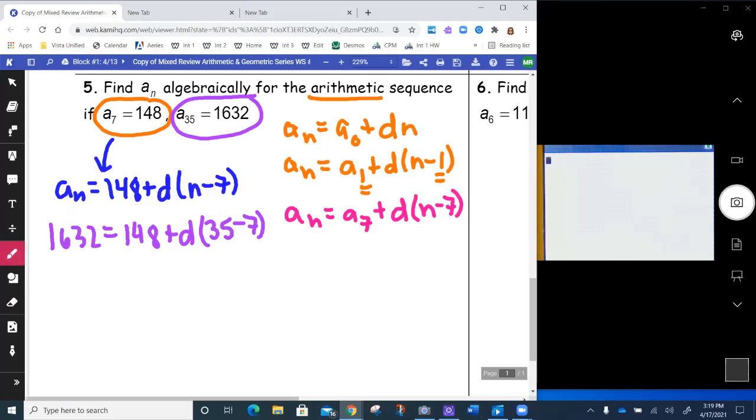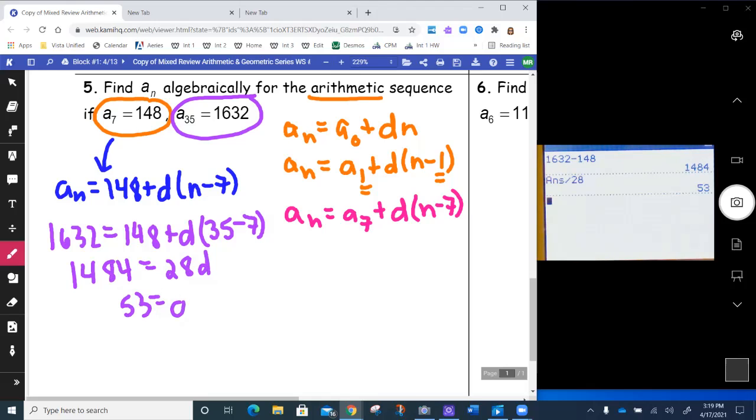I'm going to minus 148 from both sides, and I am going to get 1,484 is equal to, and that's going to become 28d. I'm going to divide by 28, and I get d is equal to 53. So I'm adding 53. That is my d.